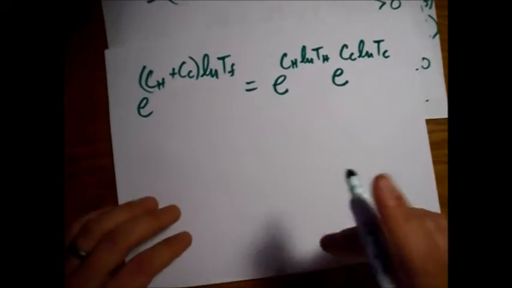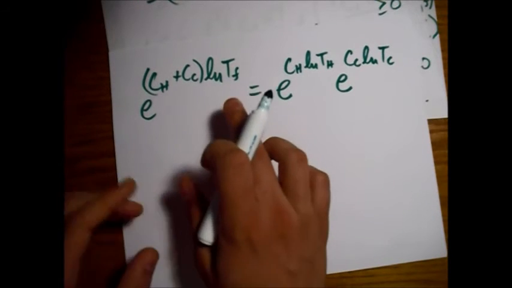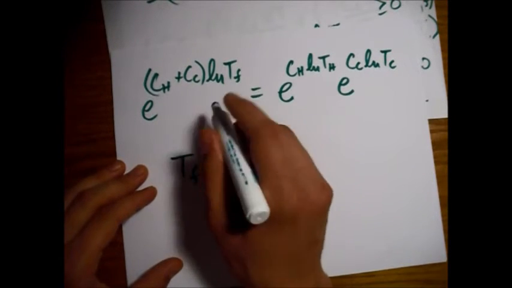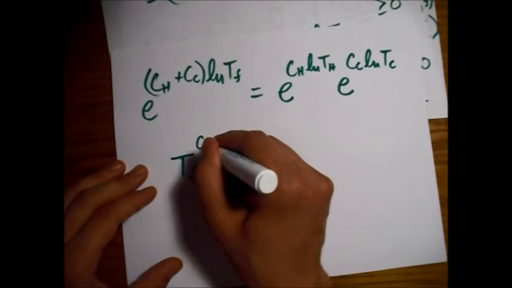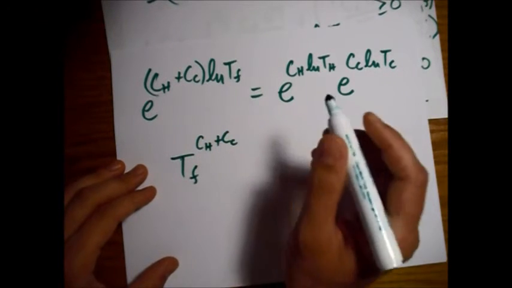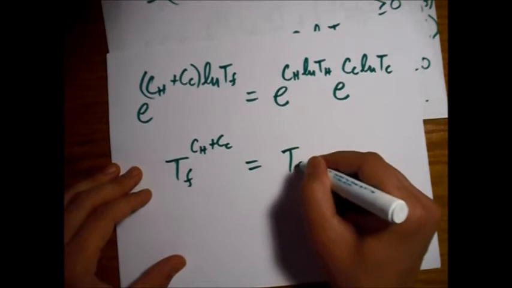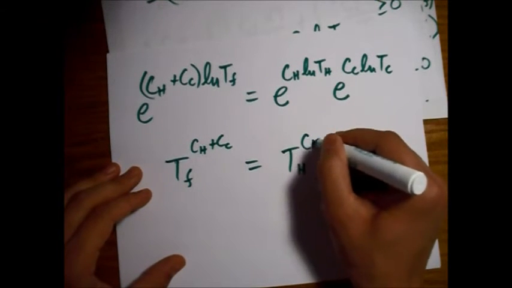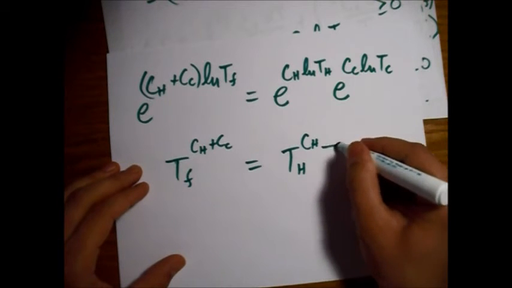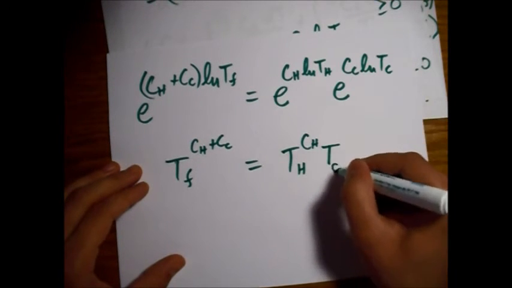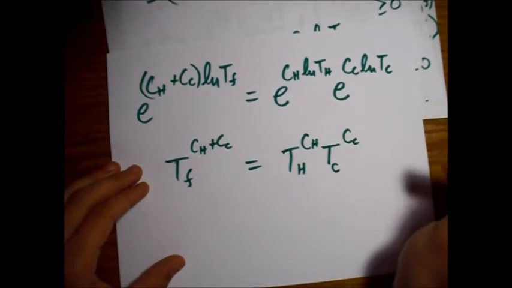Okay, so what do we have when we something like this, and then we have T_H to the C_H and a T_C to the C_C.